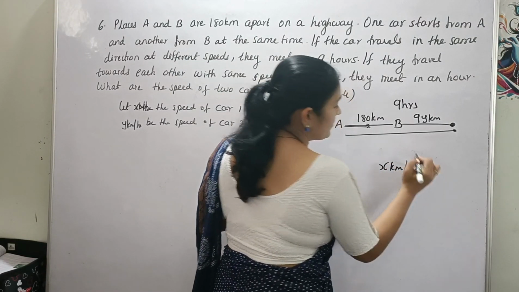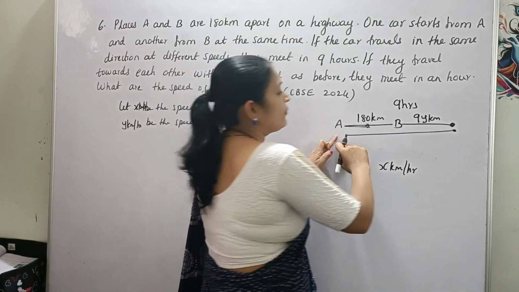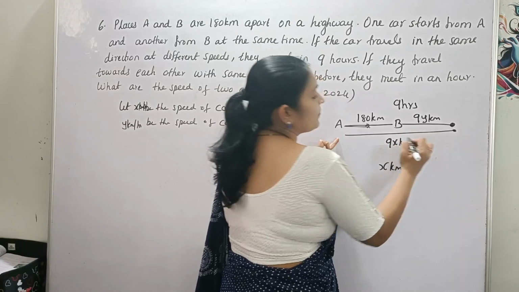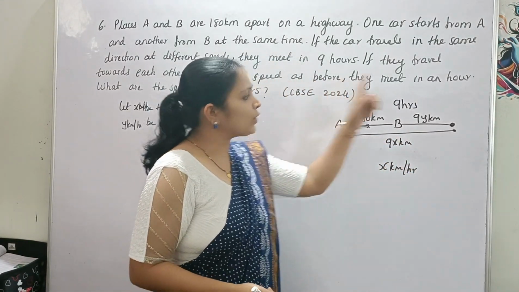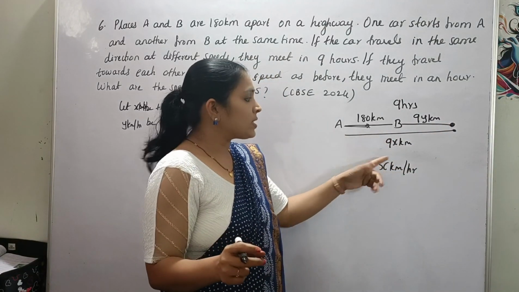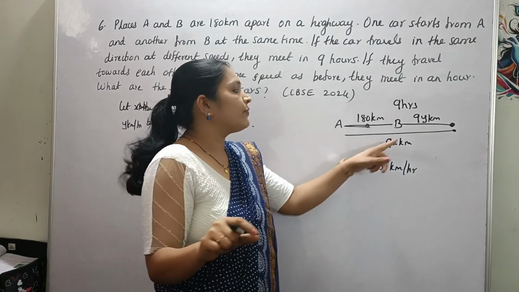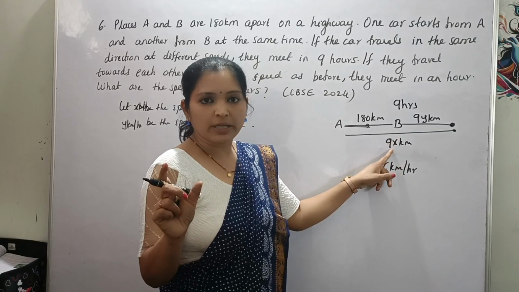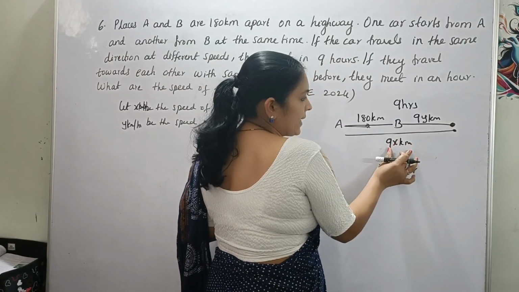X kilometer per hour means for 1 hour it travels X kilometer. Then for 9 hours it travels 9x kilometer, right? So the total distance from A to this point is 9x kilometer. Why? Because for 1 hour it travels x kilometer, then for 9 hours it travels 9x kilometer. So its total distance is 9x.